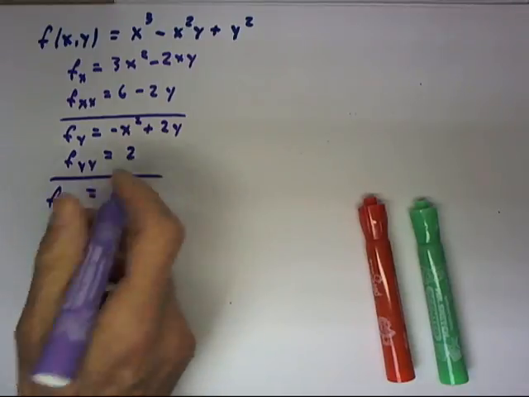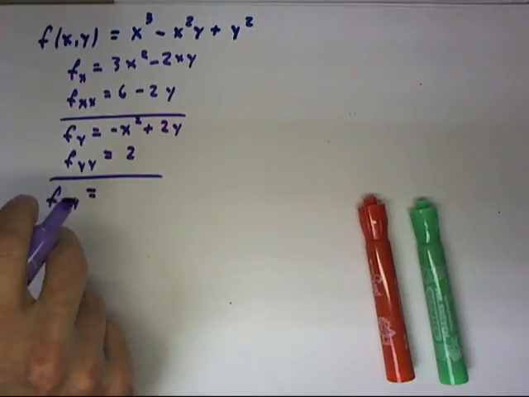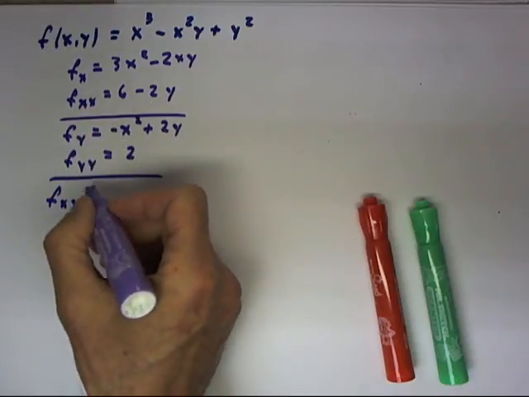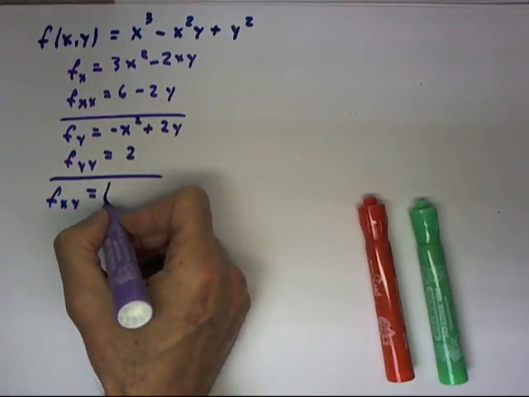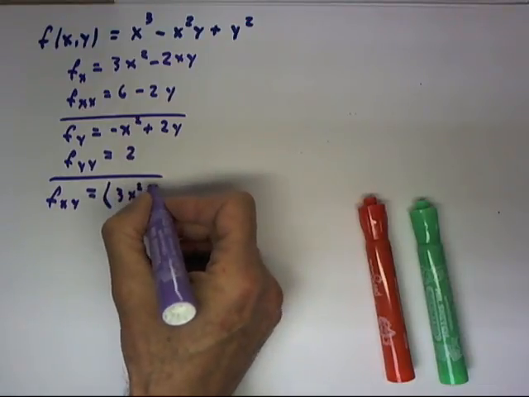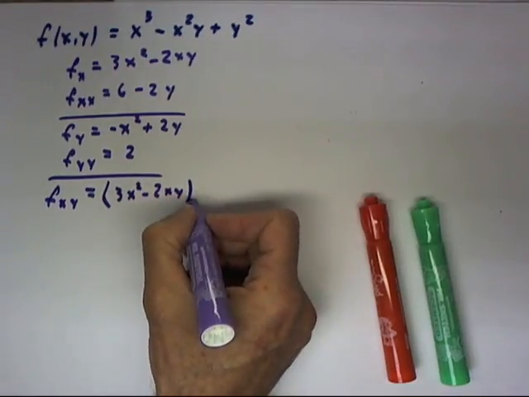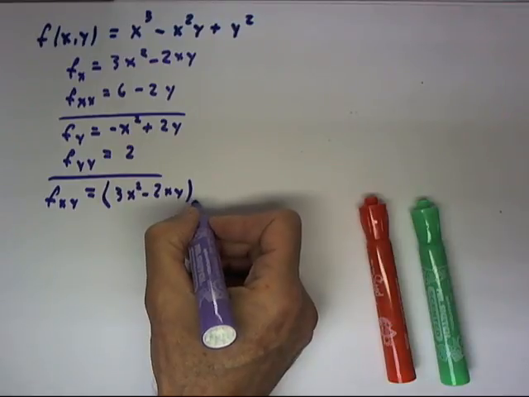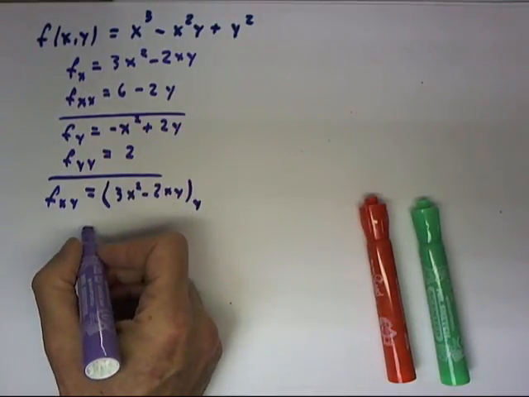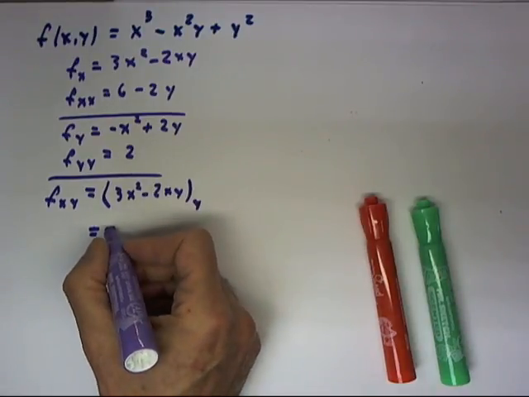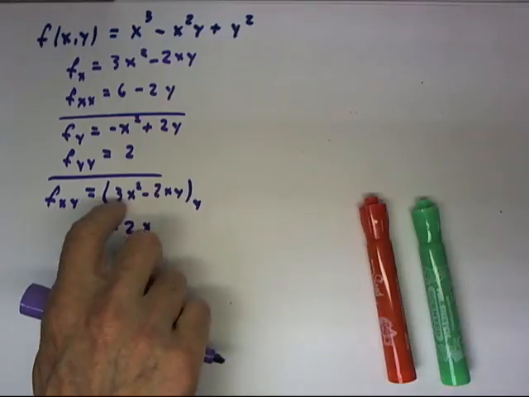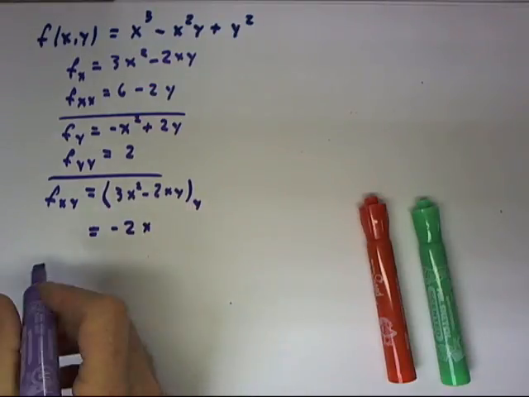fxy would be the y derivative of fx, or the x derivative of fy. So we could calculate this as the derivative of 3x squared minus 2xy with respect to y. That's your fx derivative taken with respect to y, and that equals negative 2x, x being treated as a constant throughout.